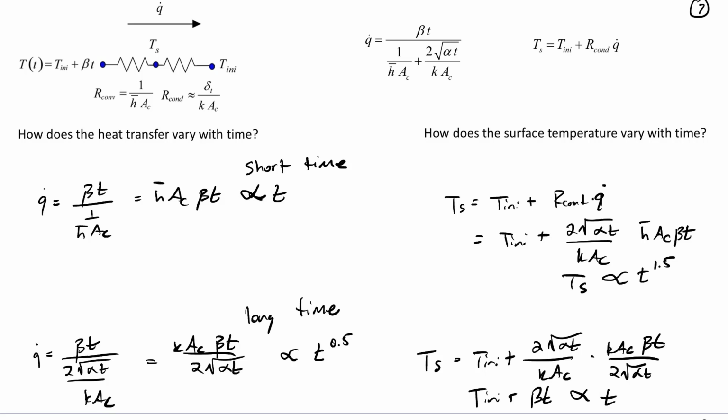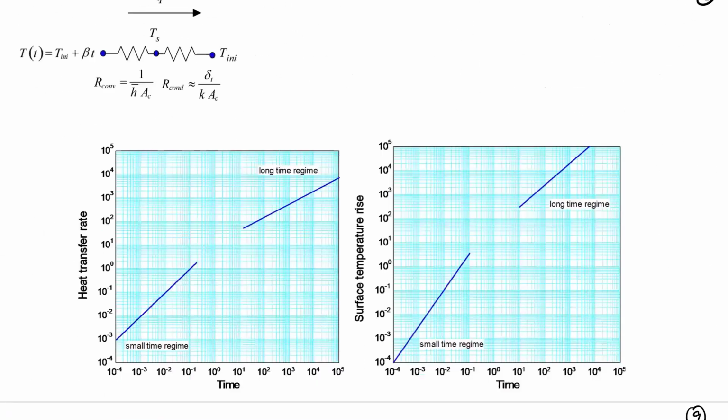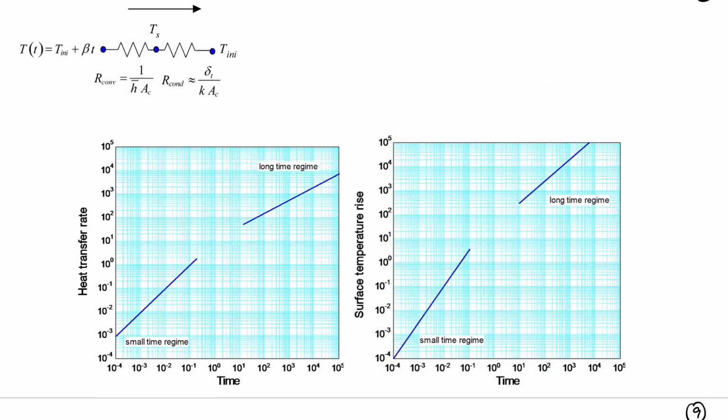Okay, so this is all just to say we can have this really simple conceptual model that helps us understand what we think is going to happen. And in fact, if we plot it out using a conceptual model, we can say in our small time regime, on this log scale, where time is less than, let's say, 1 second, 10 to the 0, that's when the convection resistance dominates.